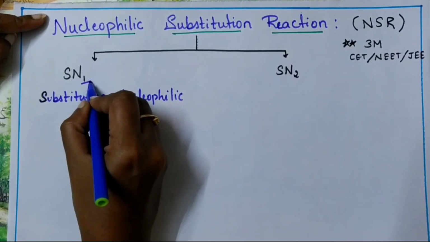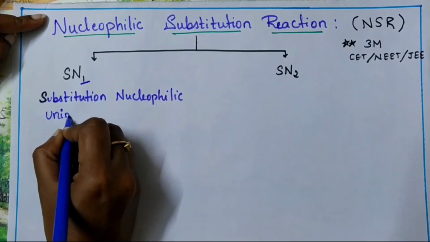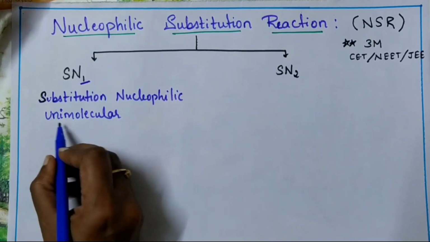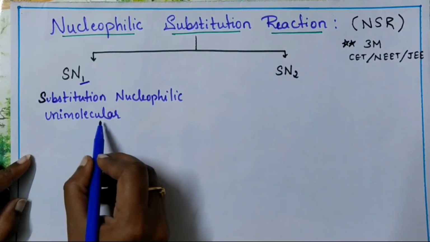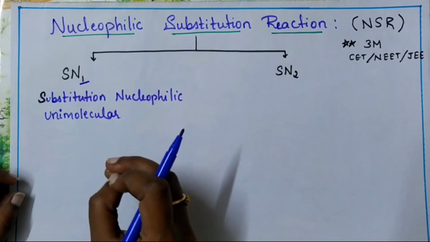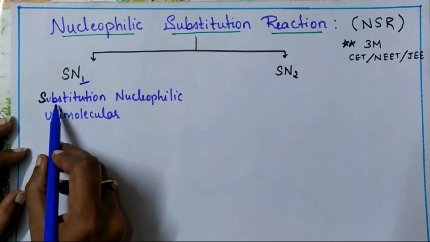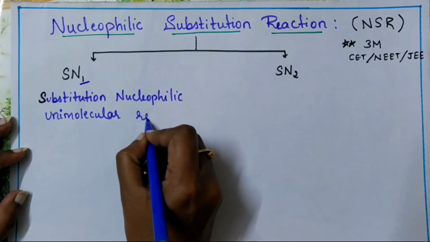This 1 is going to stand for unimolecular. This is very important. Unimolecular. Uni means one. And molecular, why? Because here one molecule is going to play a major role in this reaction. That is why it is substitution nucleophilic unimolecular reaction.